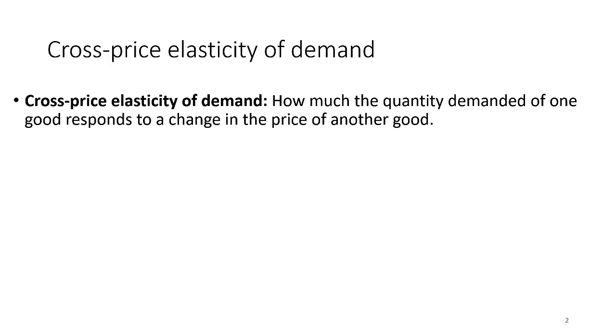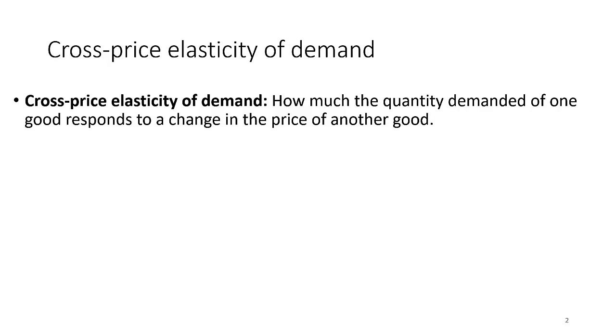Often the question is asked, if Samsung raises the price of their high-end Samsung phones, what will happen to quantity demanded for Apple's iPhones? And as you can imagine, since they are close substitute products, as the price of the Samsung phone increases, many people who were buyers of Samsung phones and who are indifferent between Samsung and Apple iPhone might move to iPhone because those will be relatively cheaper.